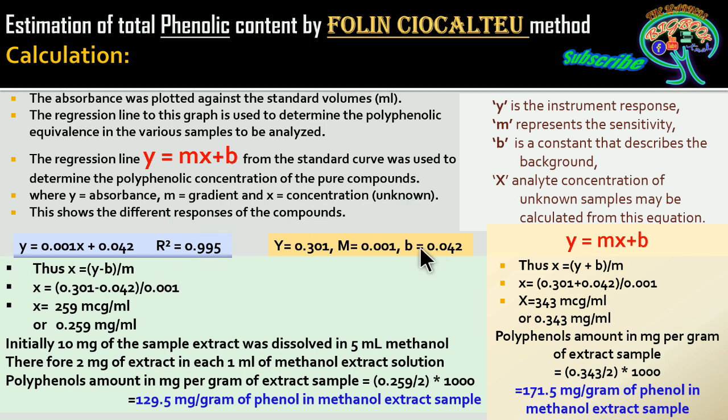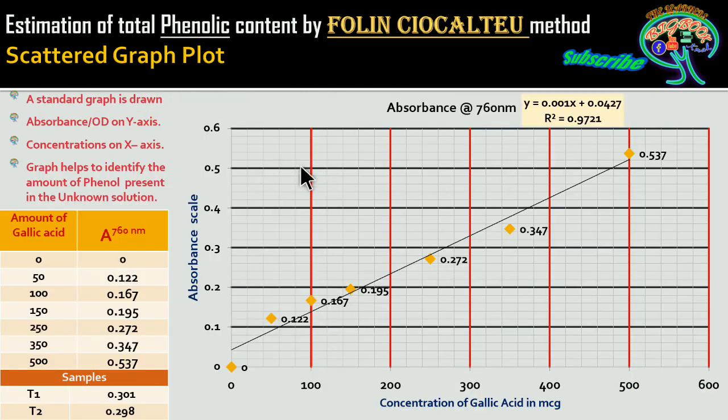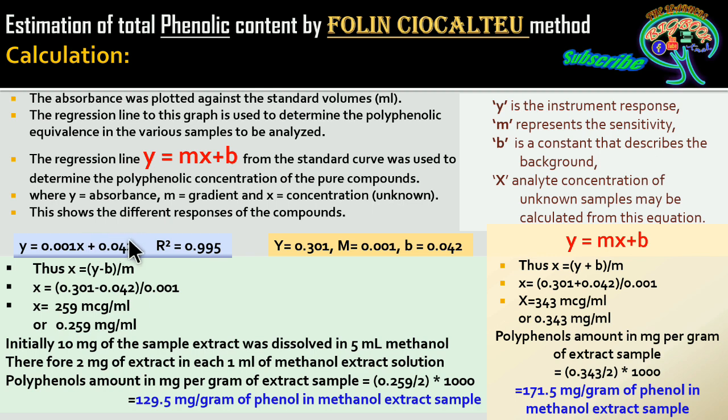And further, when you are going to consider this particular formula, this generated value which has been taken from here has been put here, and we are going to subject these values to identify the phenolic compounds in microgram per ml.